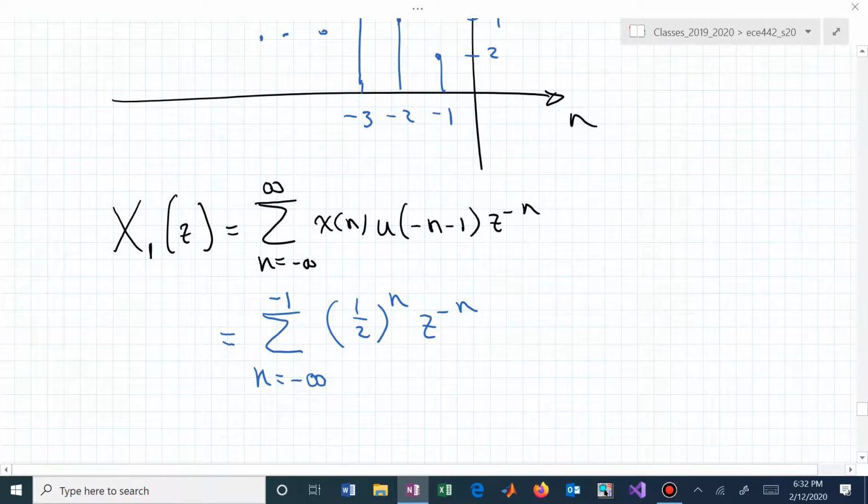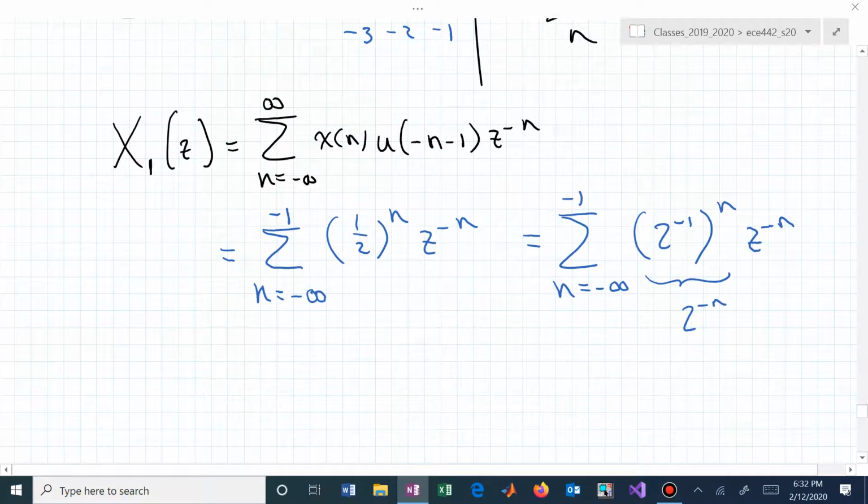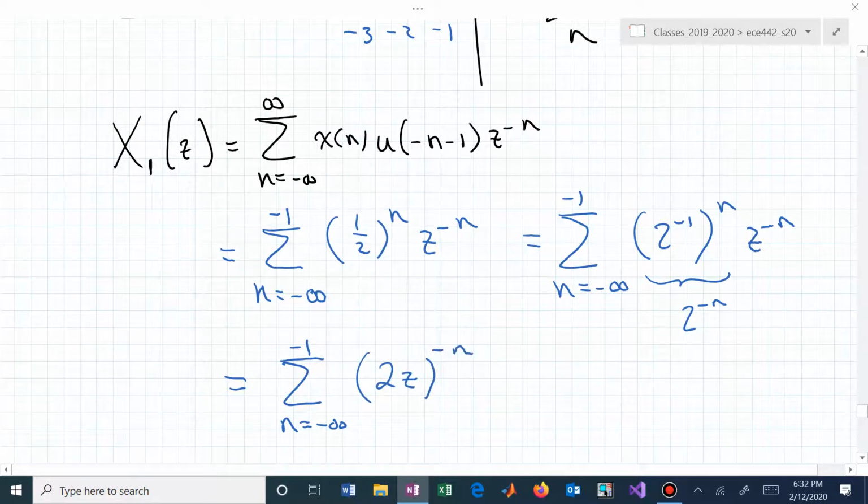We could say this is now equal to summation from n equal minus infinity to minus 1. We could say this is 2 to the minus 1 to the n if we wanted to. Or this is now 2 to the minus n times z to the minus n. So that we could now write that as this sum from minus infinity to minus 1 of 2z to the minus n.